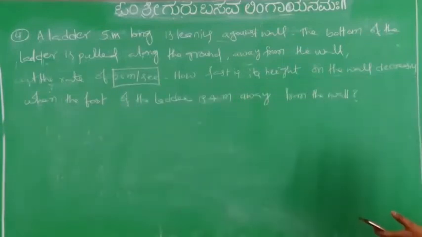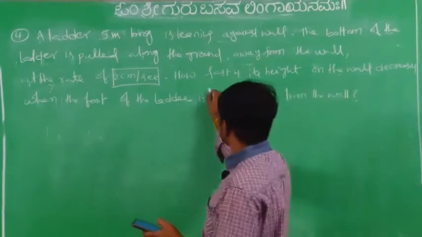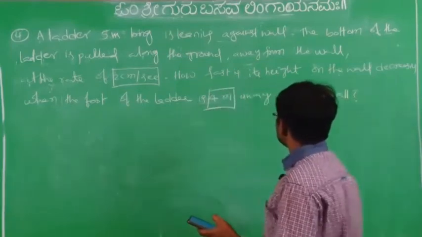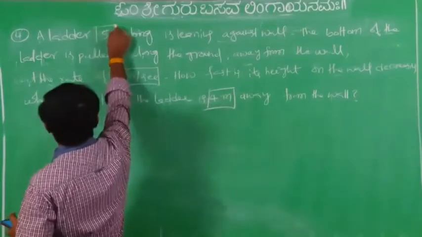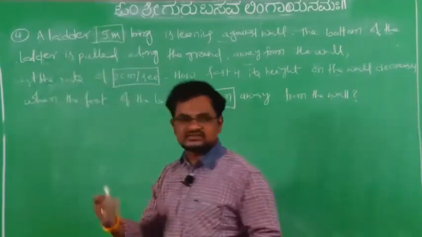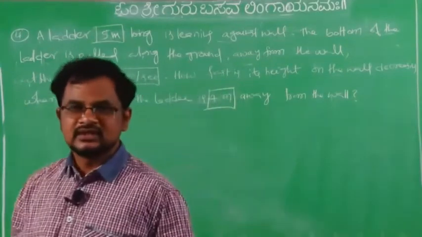How fast is its height on the wall decreasing when the foot of the ladder is 4 meters away from the wall, here also meters. So if you want to convert into centimeters, you multiply by 100, then you will get.